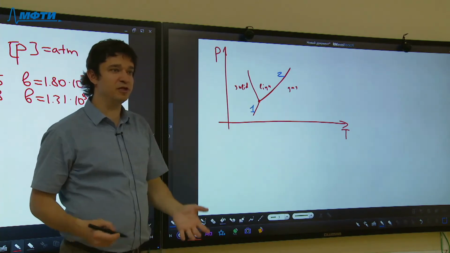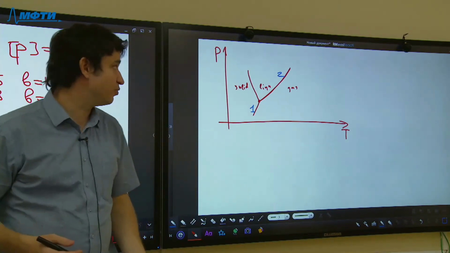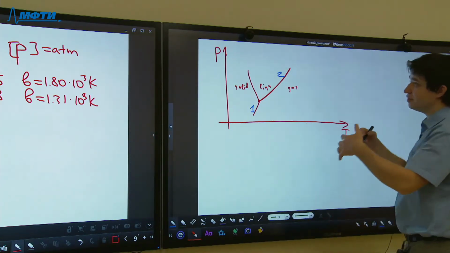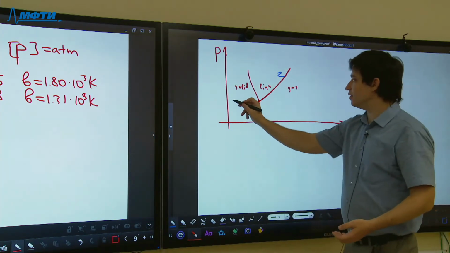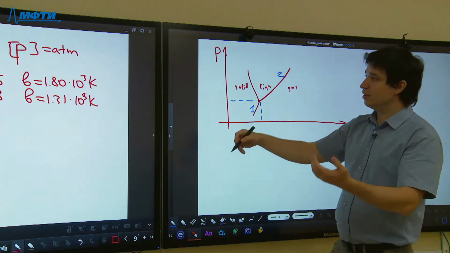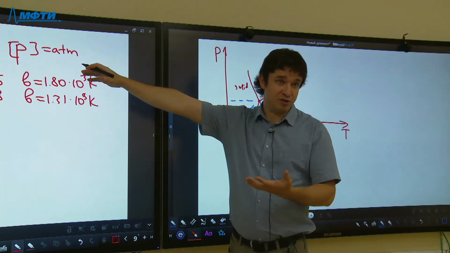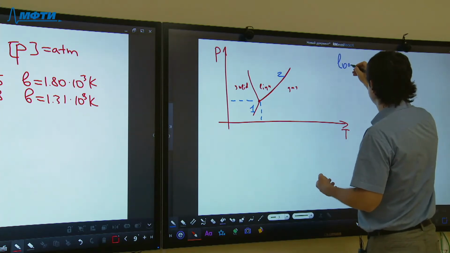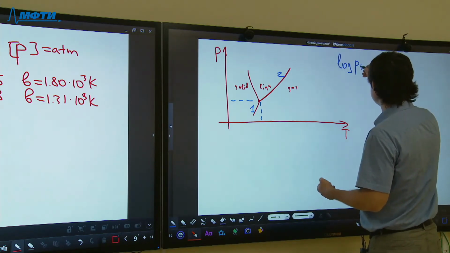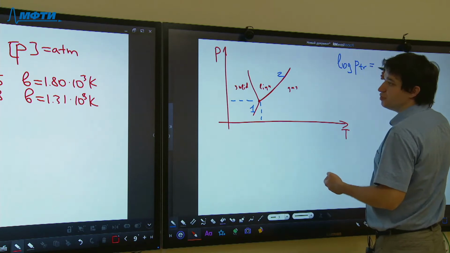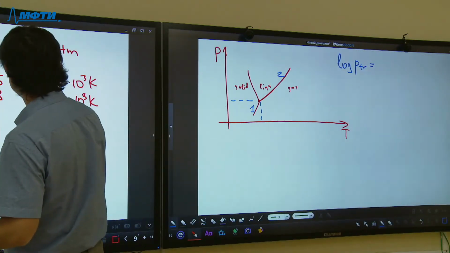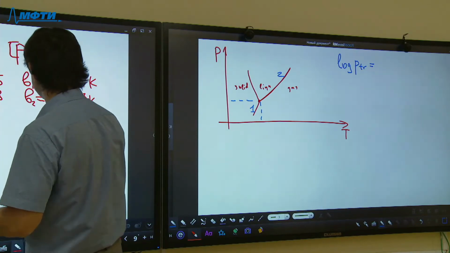So first of all, we need to calculate the intersection point. At the intersection point, the pressure and temperature satisfy both of these equations. I use A1, B1, A2, B2 in order to distinguish between them.